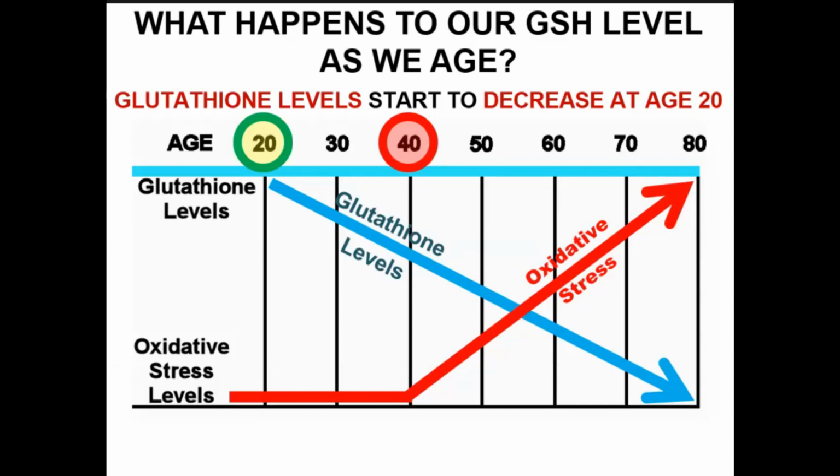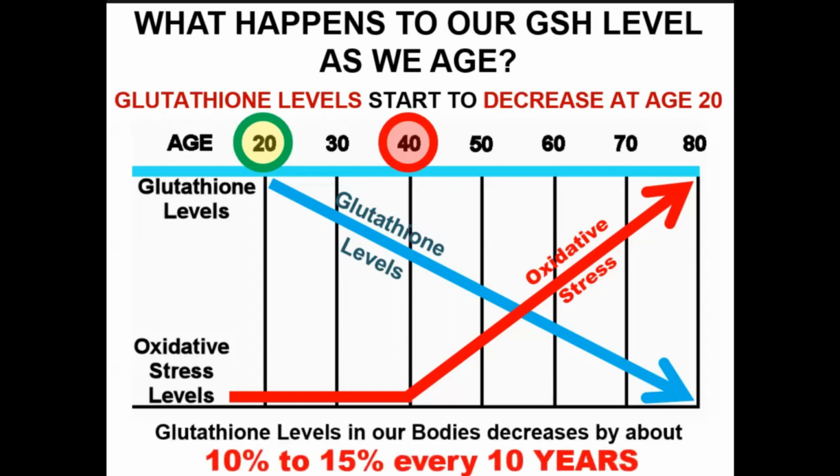The declining levels of glutathione will cause oxidative stress and all the damage that brings. It also reduces our immunity, reduces our detox capability, reduces our signaling molecule capacity, etc.